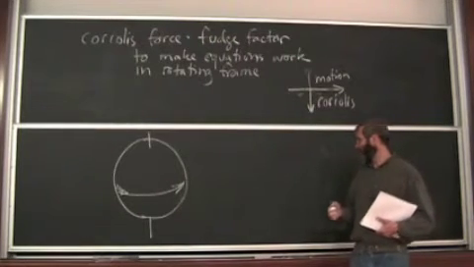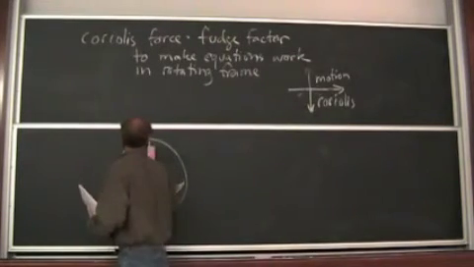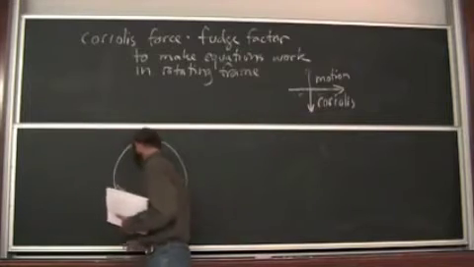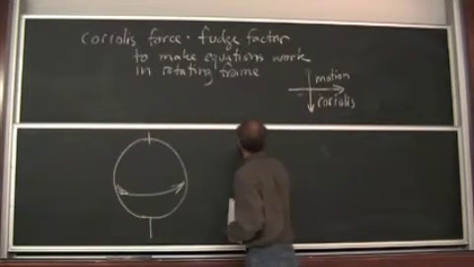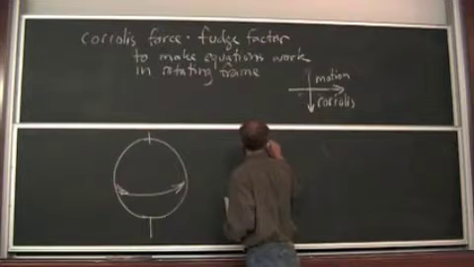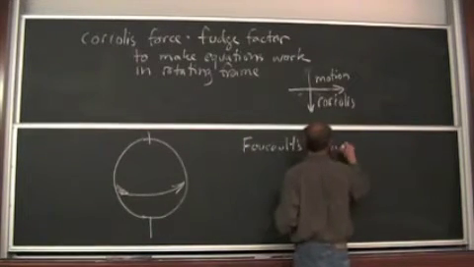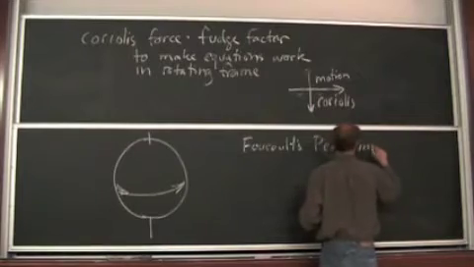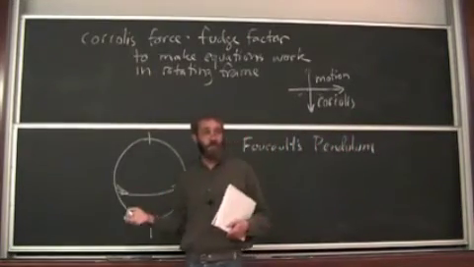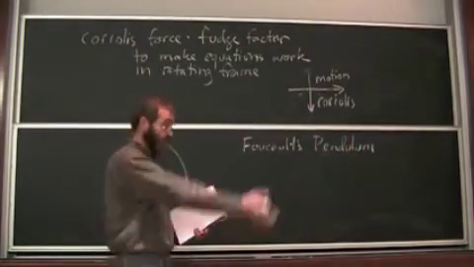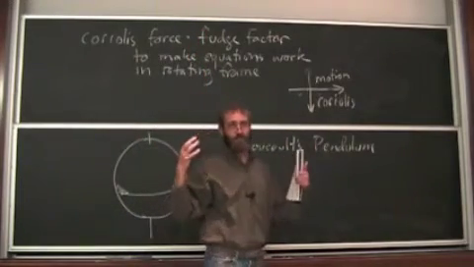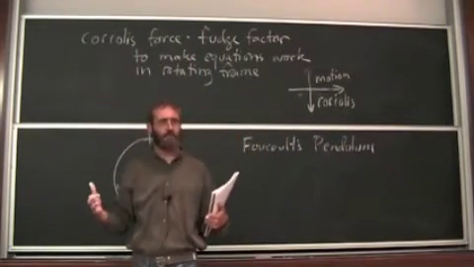And one way that you can sort of see or demonstrate the rotation of the Earth is with a device called a Foucault's pendulum. They have one of these at the Science Museum. They have them at various museums. They have to be really tall, so you need some really tall atrium or something in a public space.